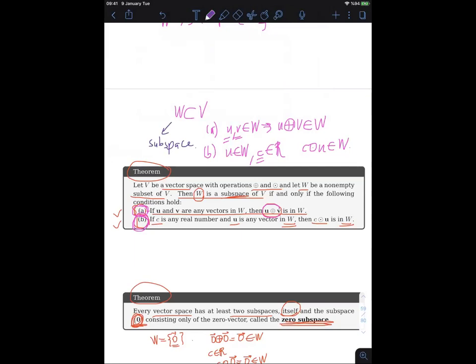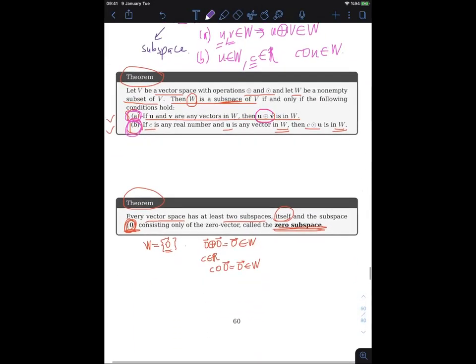So checking that a given subset is a subspace is much easier to prove than showing that it's a vector space. Instead of those 10 items, you just look at 2 of them.